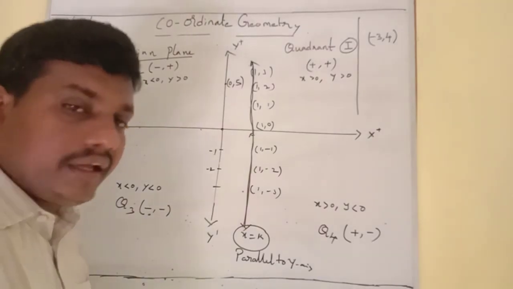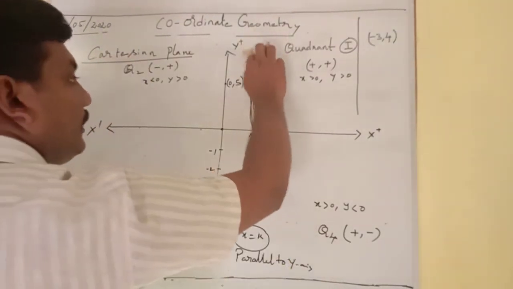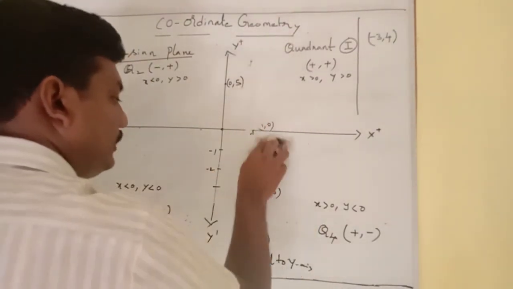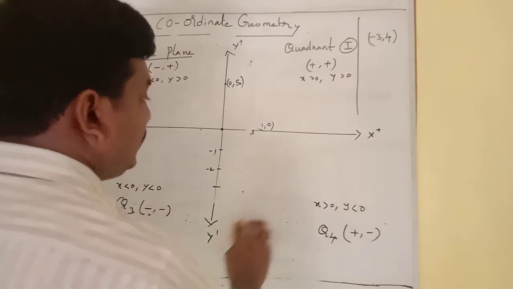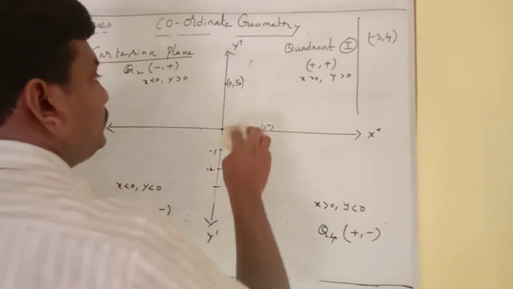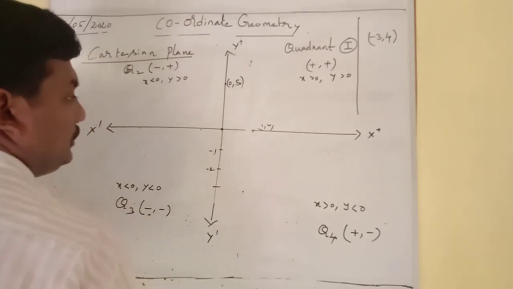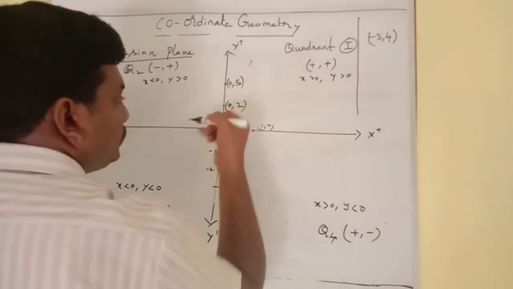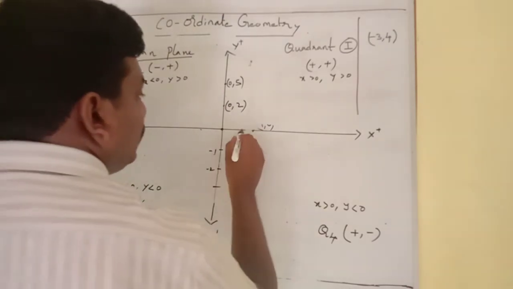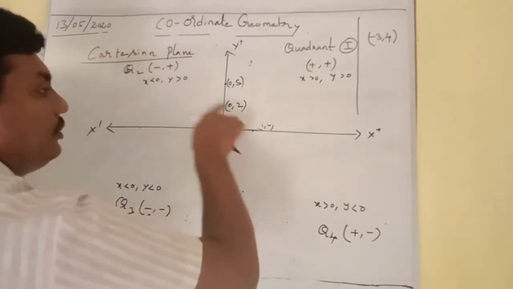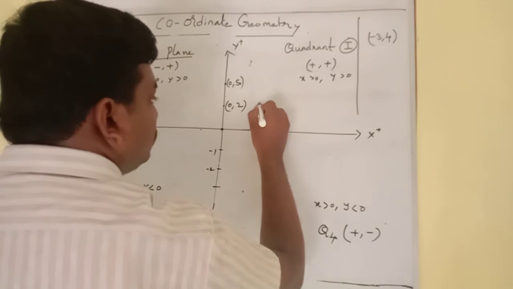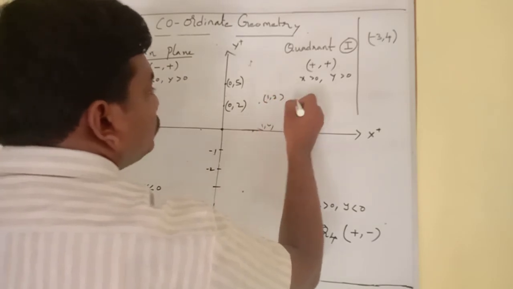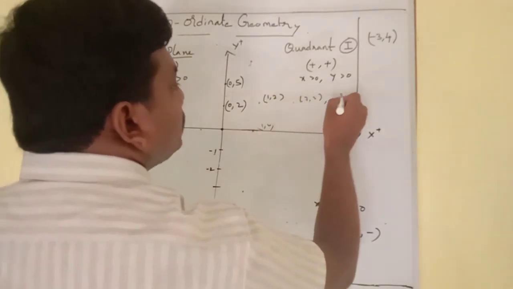In the same way, we can consider another reference line. Some points: (0, 2), and the y value stays the same. This is (1, 2), (2, 2), (3, 2).